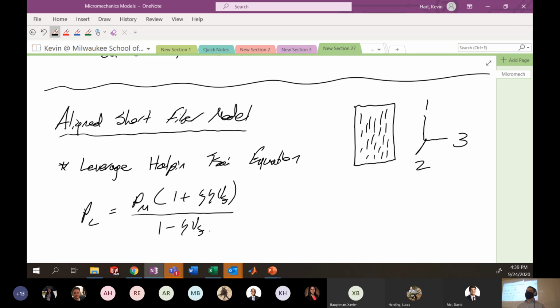And for this short fiber model, we're aligned with these tiny short fibers. In this Halpin-Tsai equation, our wiggle room really lies with that variable xi.